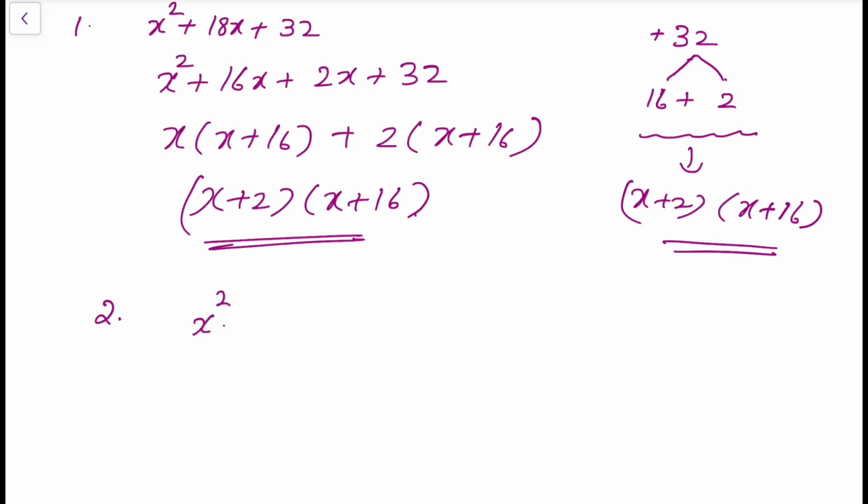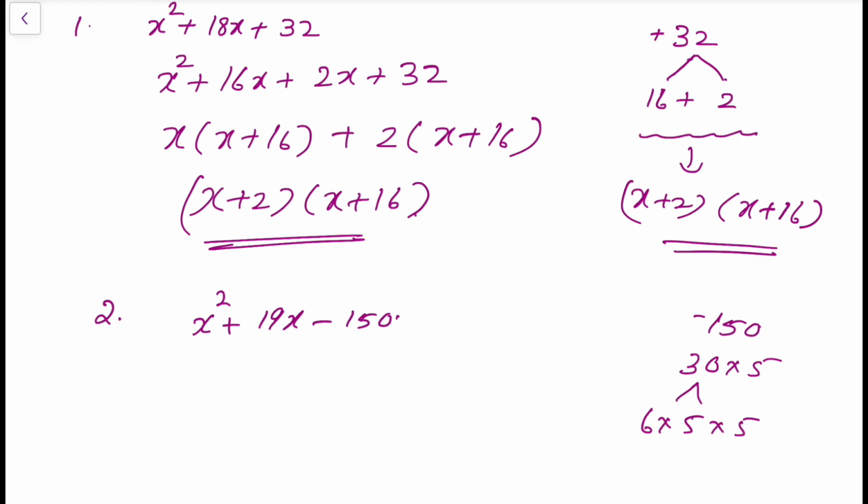Next question, x squared plus 19x minus 150. So the constant is minus 150, so find the factors. 30 into 5: if you add or subtract you will not get 19. So you have to find some other factors. So I will write this as 6 into 25.